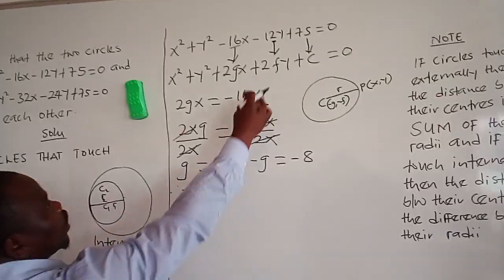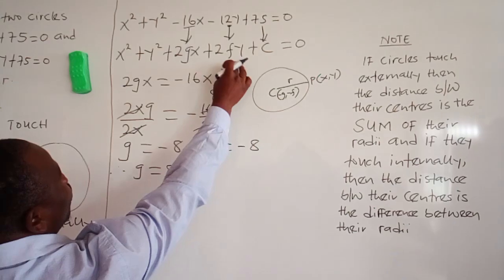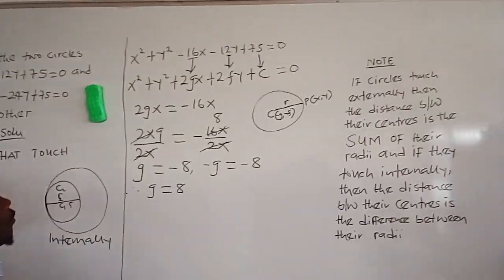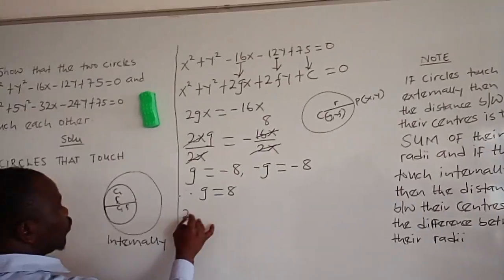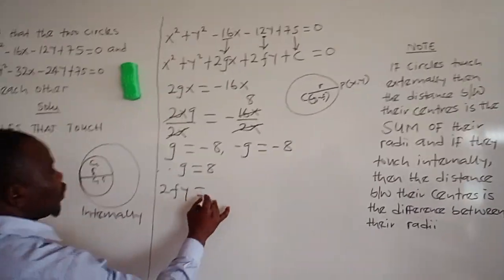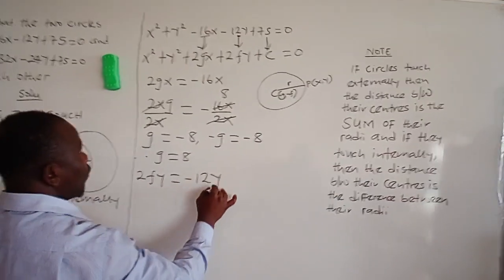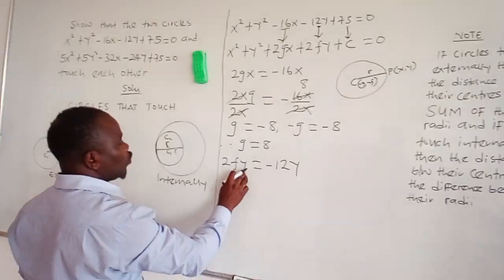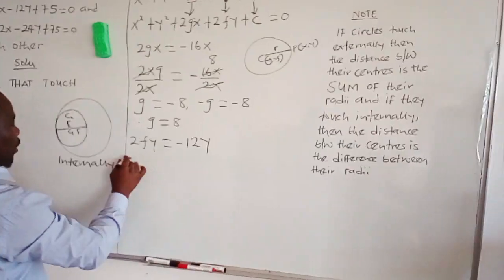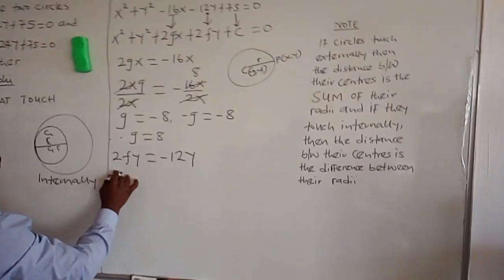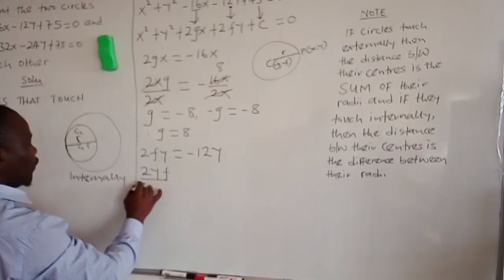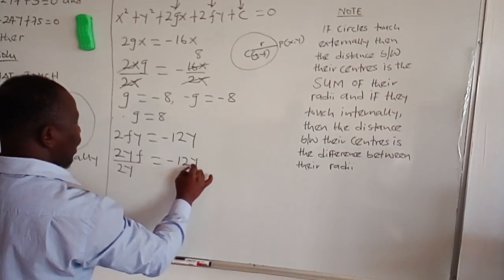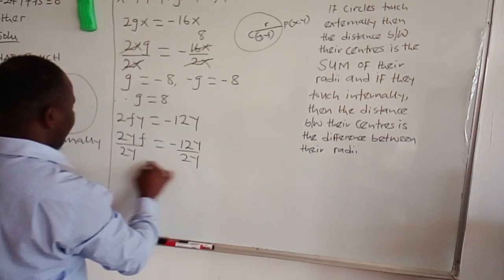Then let us obtain our f by equating 2fy equals minus 12y. Are you following? If we divide through by 2y, we have 2yf all over 2y equals minus 12y all over 2y.